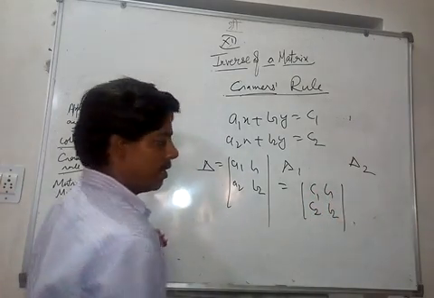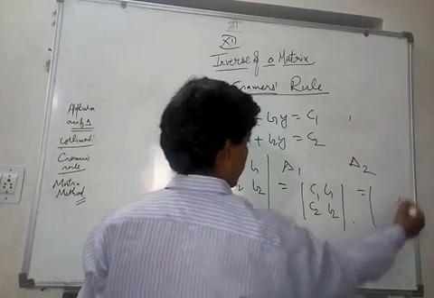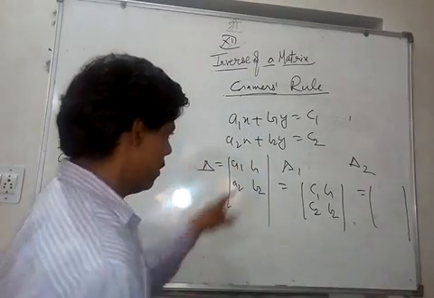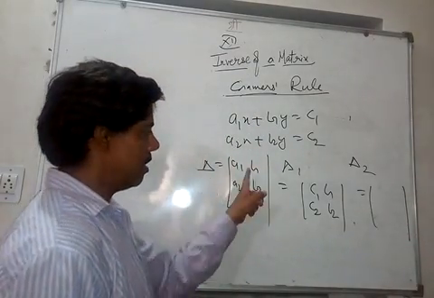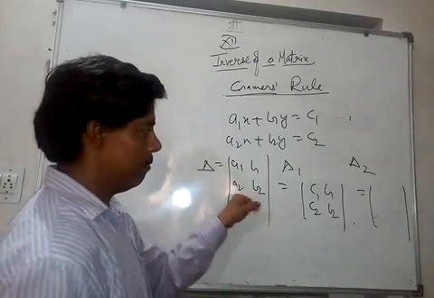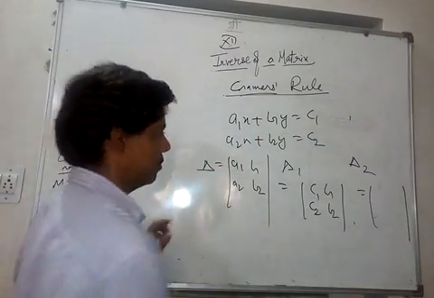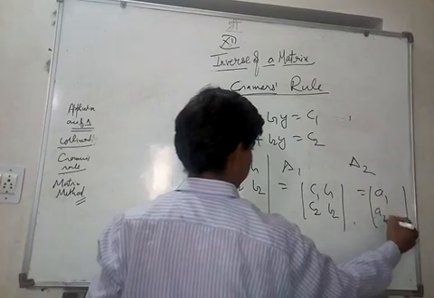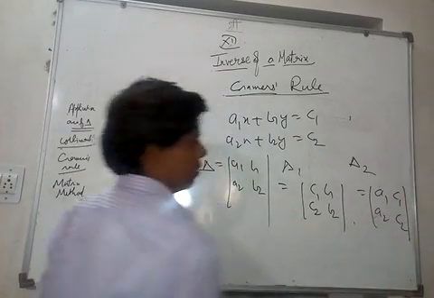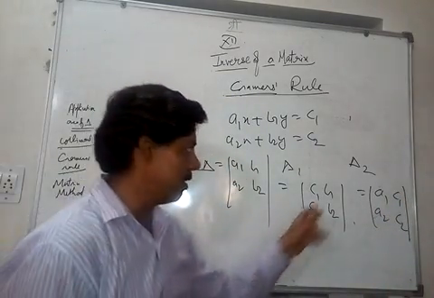Similarly, in delta 2 you replace b1, b2 by c1, c2, keeping a1, a2. This way you get delta, delta 1, and delta 2.